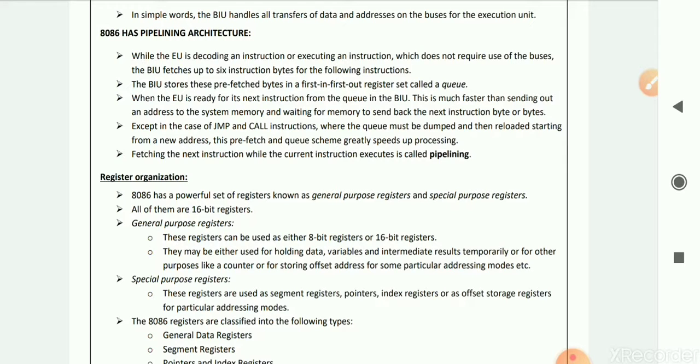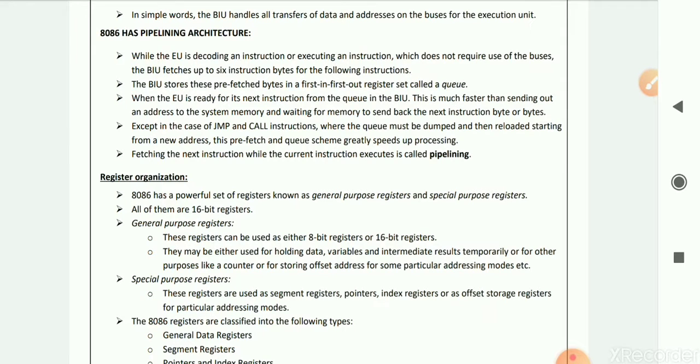In general purpose registers, these registers can be used as either 8-bit registers or 16-bit registers. Suppose it is AX, you can use it as AH or AL, that is 8-bit registers, or you may combine both of them to use it as a 16-bit register.